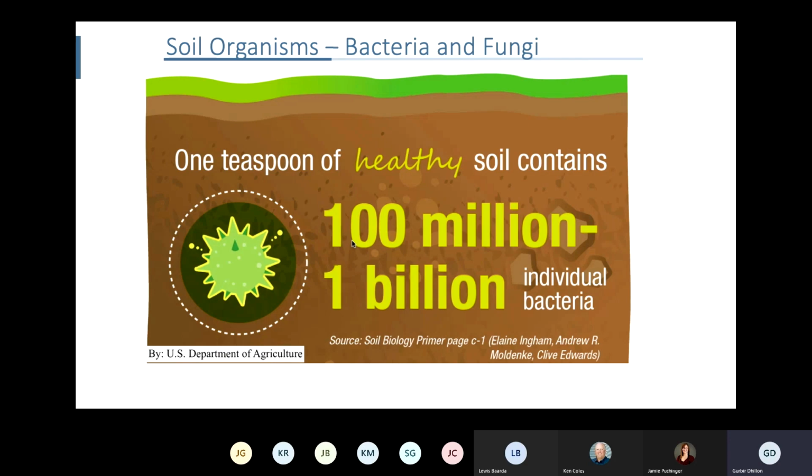A full of soils contains about 100 million to a billion different bacteria. Fungi are a little bit less, accounting for about a million. But due to the larger size of fungi, they actually have a higher biomass and higher metabolic activity compared to the bacteria.